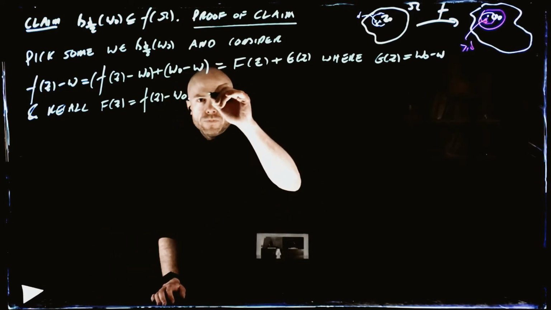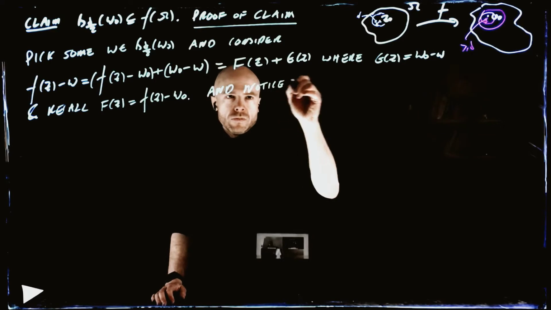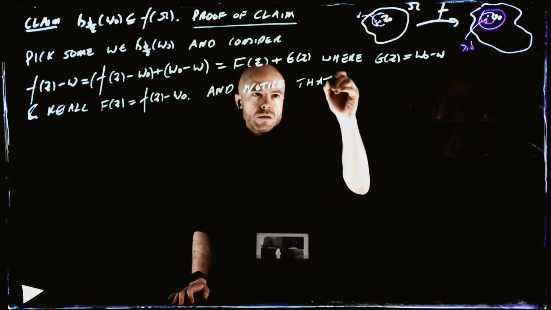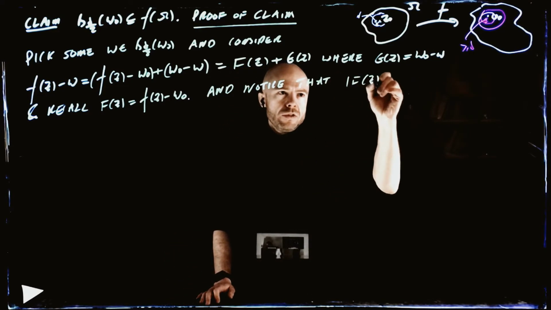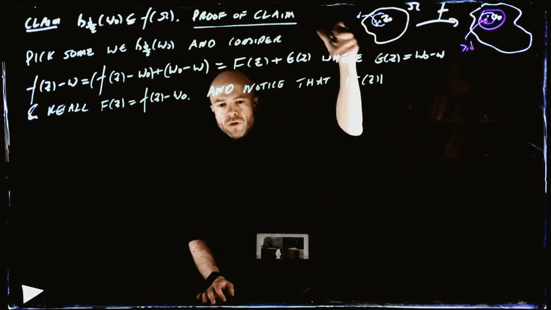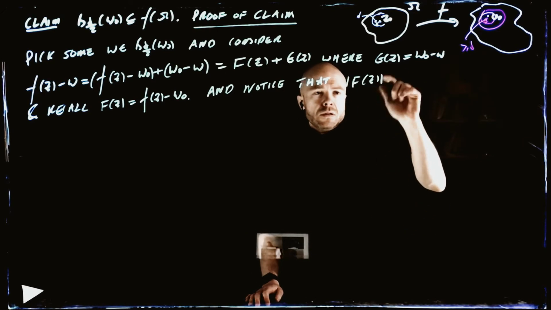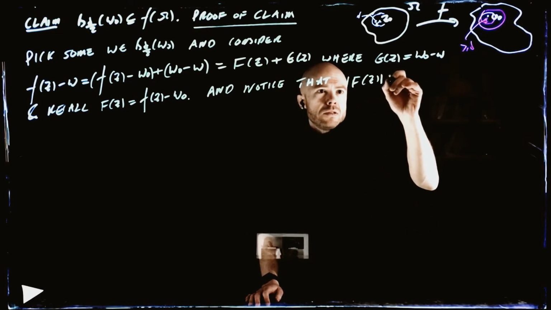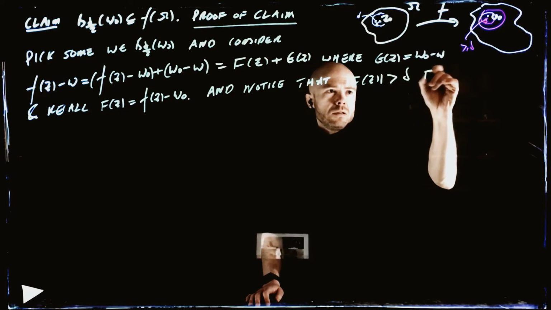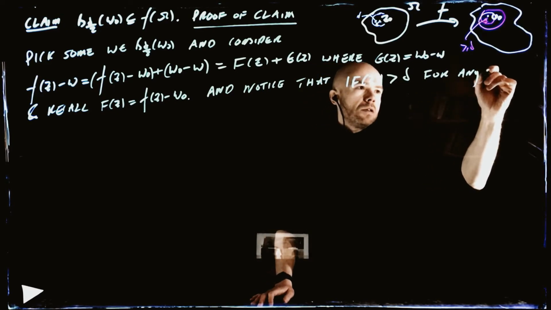And note that the absolute value of capital F of z, for any z around the boundary of the ball of radius r around z0, is bigger than delta for any z.